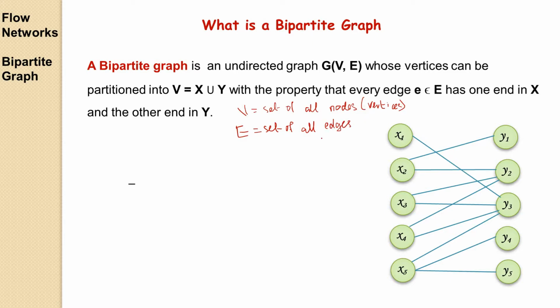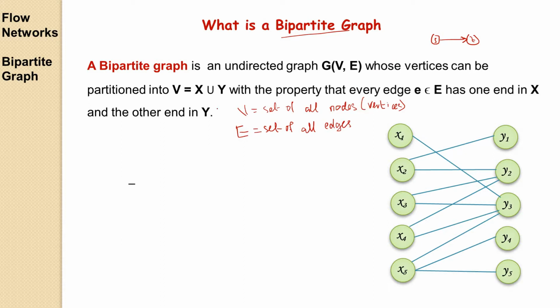Now we have that it is undirected. Undirected means the arrows are not pointing anywhere. If you have a graph having arrow ends, it means it's directed. But for it to be a bipartite graph, it has to be undirected. Keep that in mind.